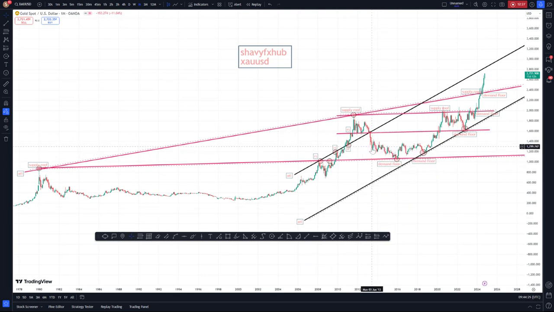So price on this ascending trend line is showing that price has switched from demand to supply. So we break out here from a resistance structure, a resistance structure, a resistance structure, break a resistance structure supply. So we broke from a supply, we broke from a demand, now we return to supply. So price now is heading to a supply retest.